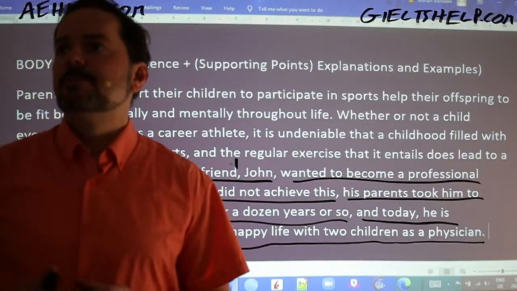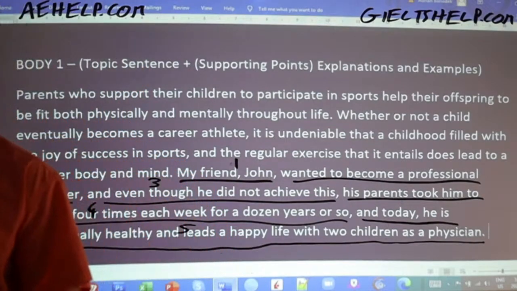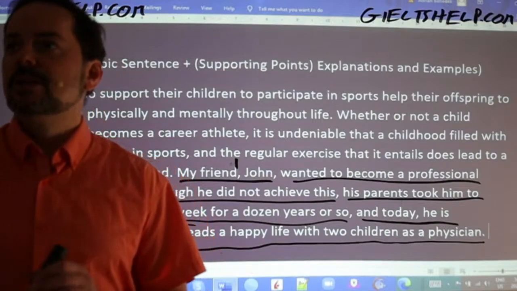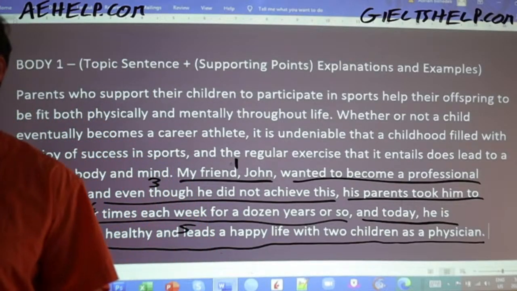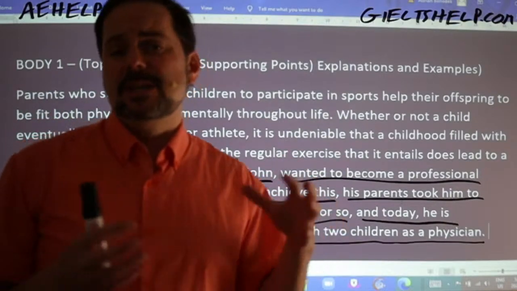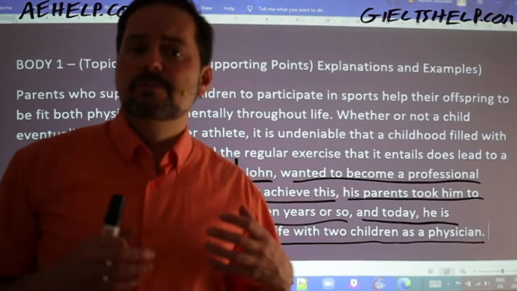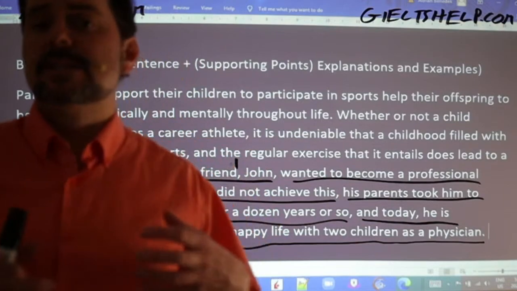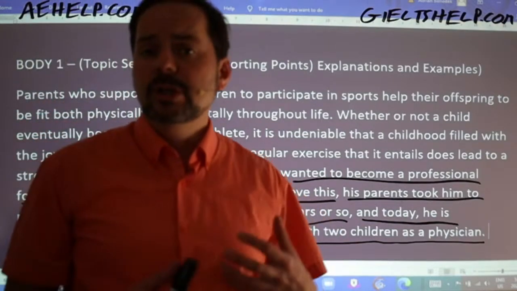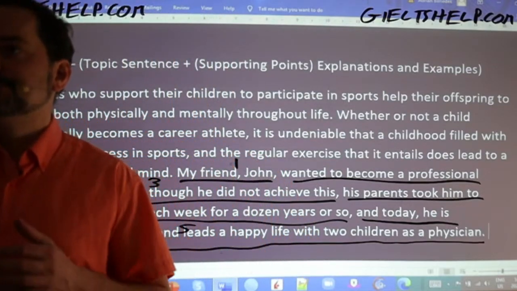Bakrat writes, the participation in sports activities, parents who support and help their children to be fit, both muscular and physiologically, whether or not a child eventually becomes a career athlete, not only taking part in curriculum, provide happiness, but also make them stronger for another task in athletics. Bakrat, you have a lot of ideas there and they sound good, but your grammar needs a lot of improvement. It's making your sentences incoherent. So you really want to review the grammar and how that all fits together.